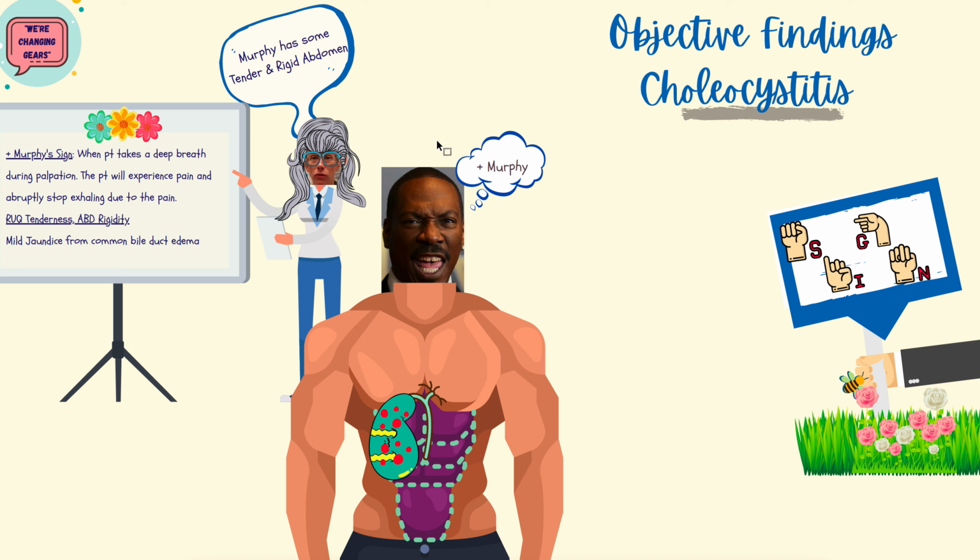So if you're not a visual person and need all the little colorful pictures, you can remember this mnemonic. Those are three things that will pinpoint cholecystitis. I have a positive Murphy. Positive Murphy has some tender and rigid abdomen. It doesn't have to flow and make sense, but you do want to be sure you can pick that out.